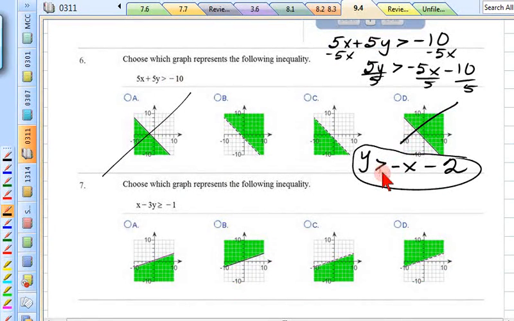Greater than tells you will shade which way, above or below? Above. The only one that is dotted, shaded above, is choice B. And so I might just double check, does it cross the y-axis at negative 2? Is the slope negative? Yes to all those questions. So B is definitely the correct answer.